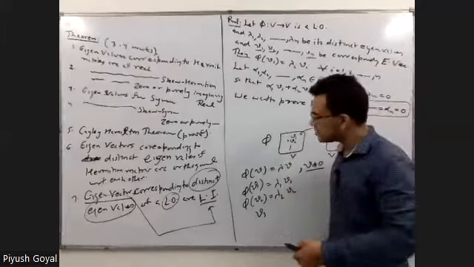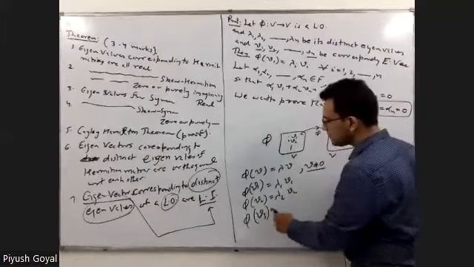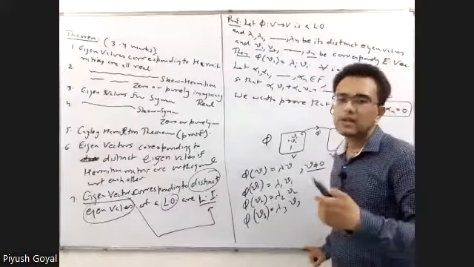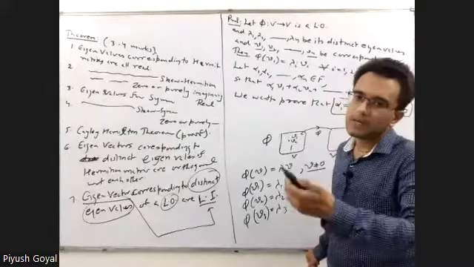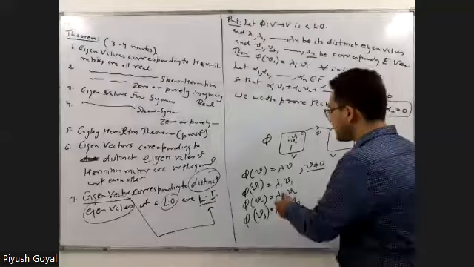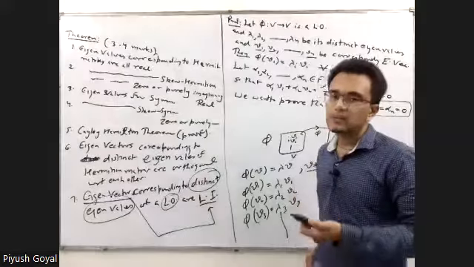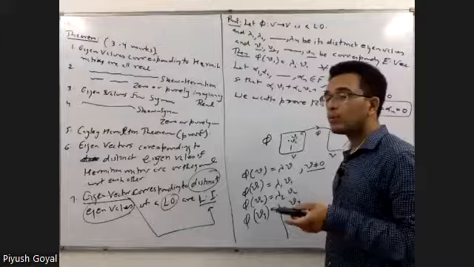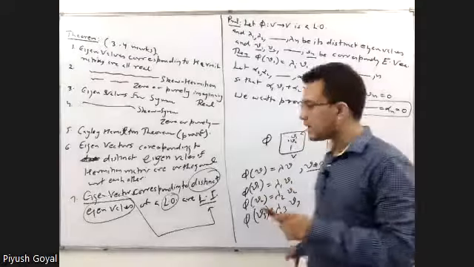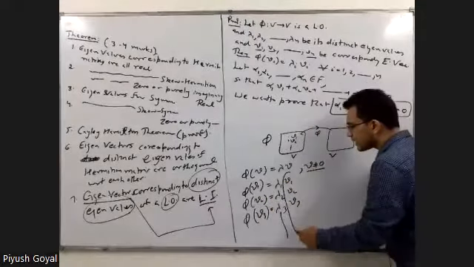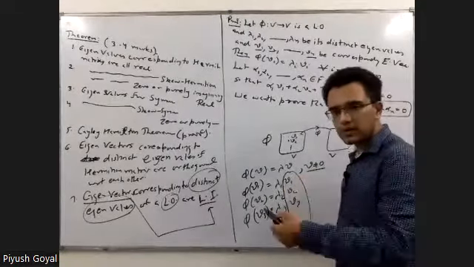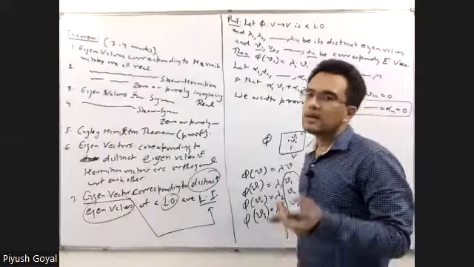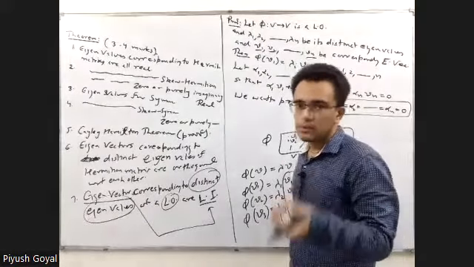When I apply phi on these vectors, they become eigenvectors corresponding to the eigenvalues lambda 1, lambda 2, lambda 3 and so on, and these eigenvalues happen to be distinct. Now I want to prove that these eigenvectors v1, v2, v3 up to vn will be linearly independent.